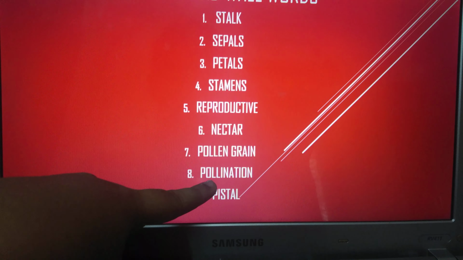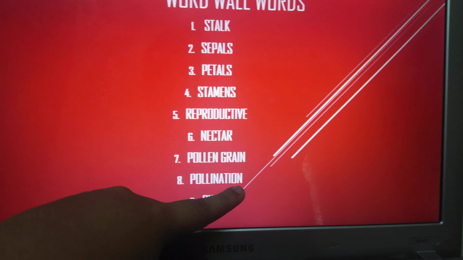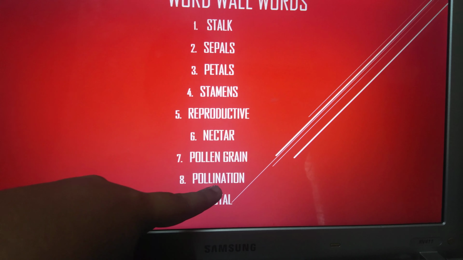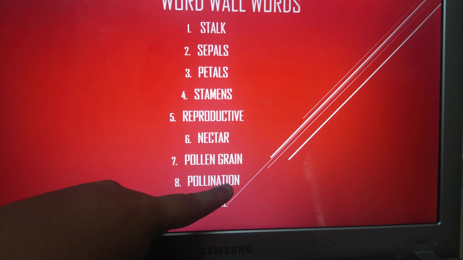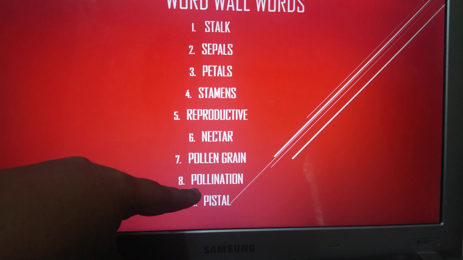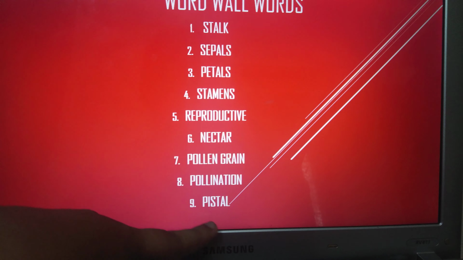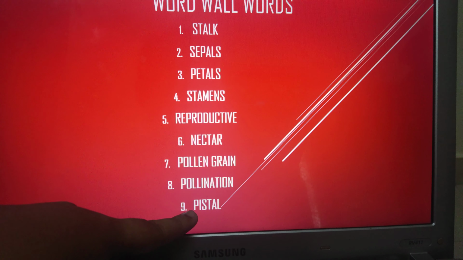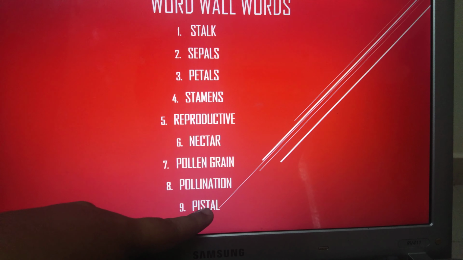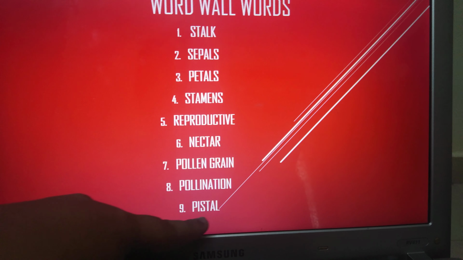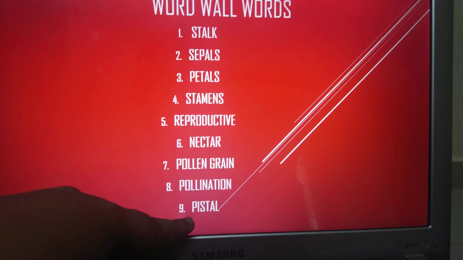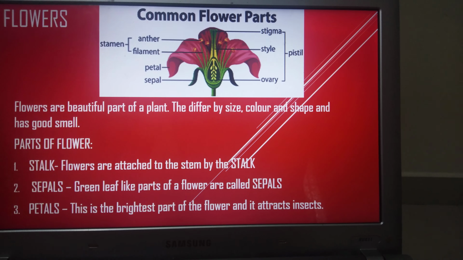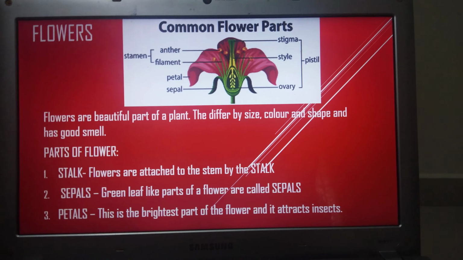Grain. Pollination. P-O-L-L-I-N-A-T-I-O-N. Pollination. Pistil. P-I-S-T-I-L. Pistil.